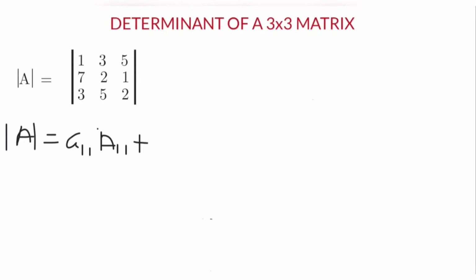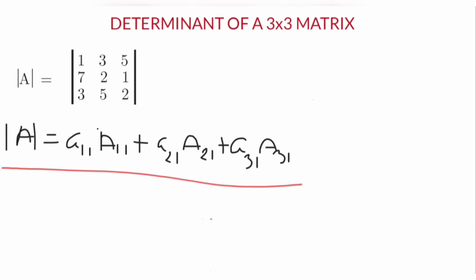So 7 is A21, second row and first column, and its cofactor is capital A21, plus A31, third row first column, and capital A31, which is the cofactor of the element A31. So you can also calculate the determinant using this formula. You can calculate the determinant using any rows or columns in this matrix.